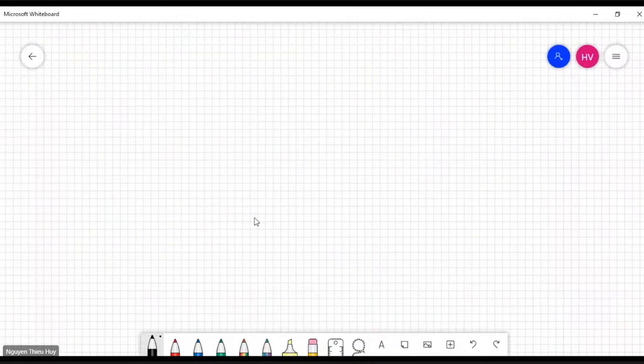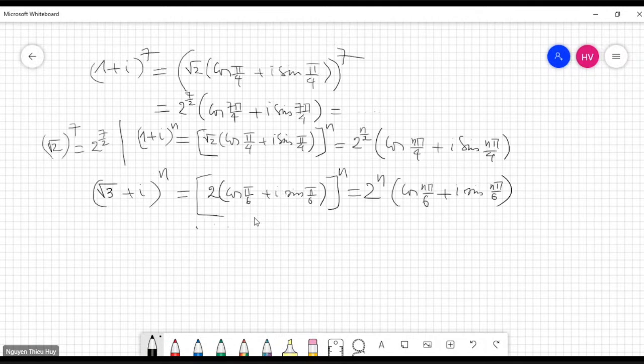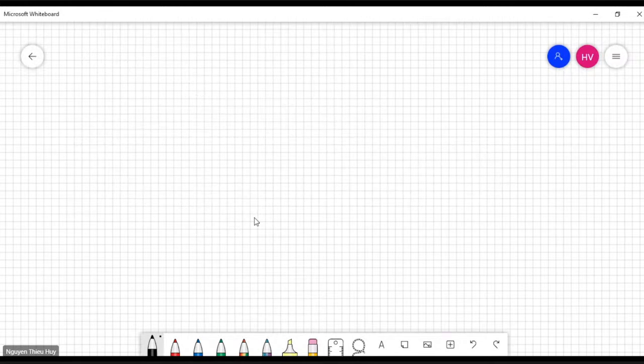Let's compute the ninth root of, so I write it in a nicer way, the 9th root of square root of 3 plus i, right?